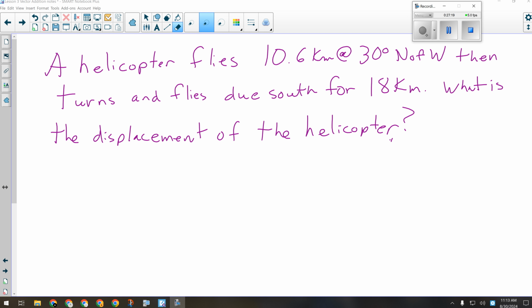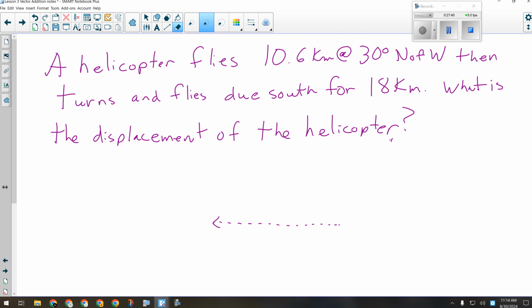Okay, so the helicopter first goes 10.6 kilometers, 30 degrees north of west. So what I do when I get an angle like that is I draw a dotted line in the direction that it's measured from. It says it's north of west. So I drew a little line here that's west.